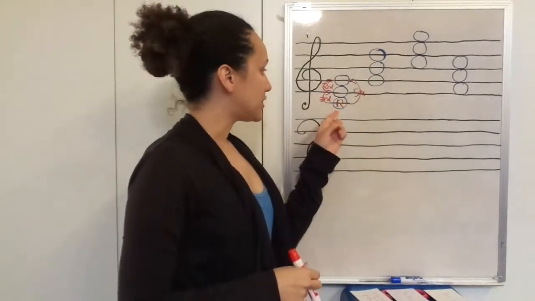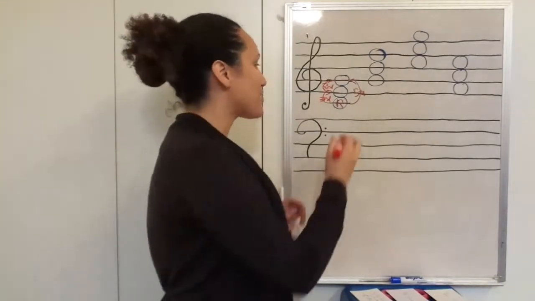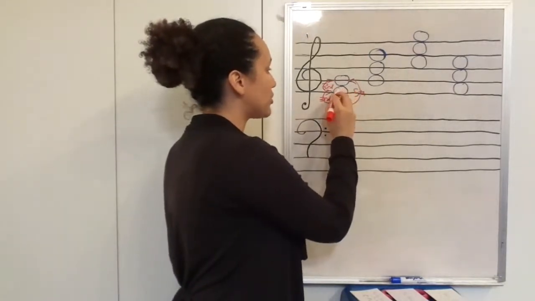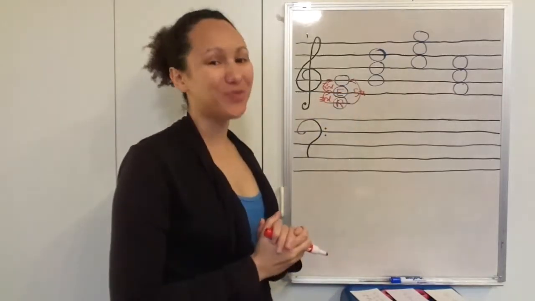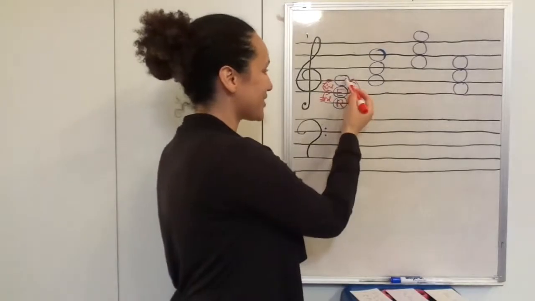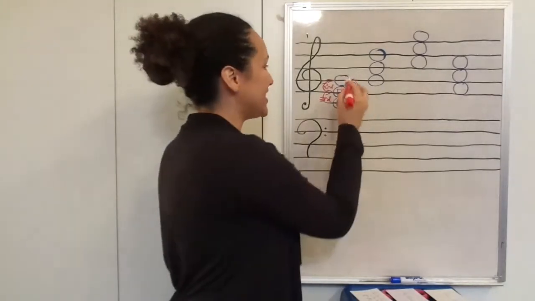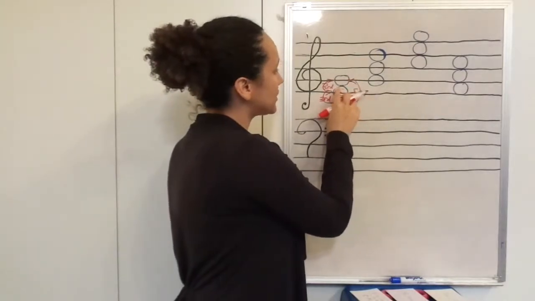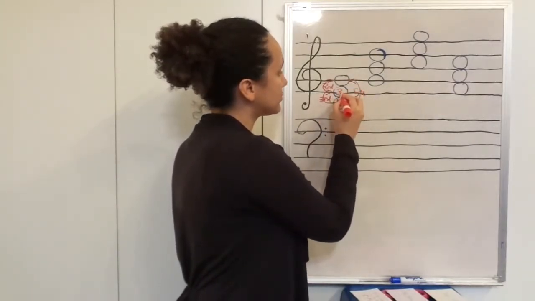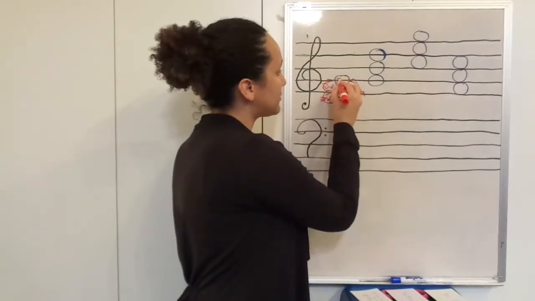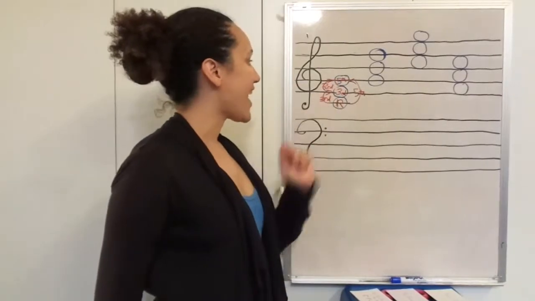The root for the C major chord is, of course, C. And the third for the C major chord is the E. And the fifth, or the second third, but we say the fifth of the C major chord is the G. So I'm going to take that out and I'm going to put third and fifth. So we have root, third, and fifth.